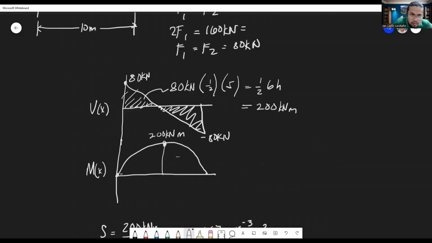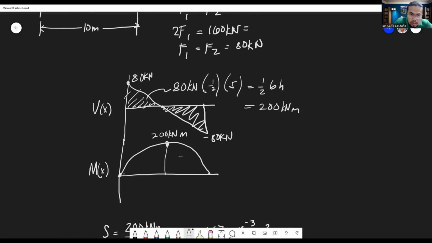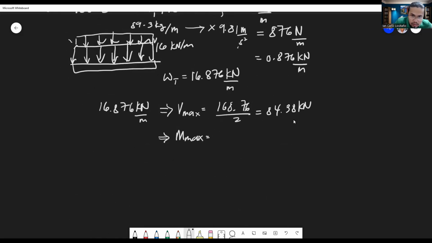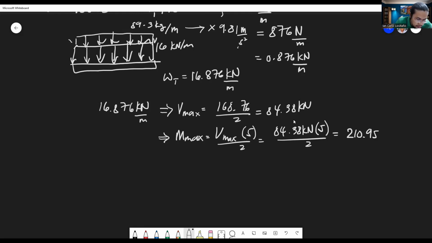We have the formula V times 5 over 2. So you have your V max, 84.38 kilonewtons, times 5 over 2, which would yield 210.95.